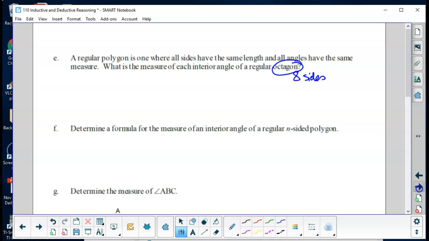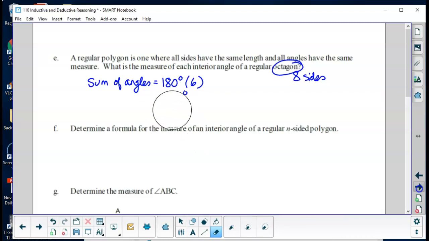Okay. So we know that for 8 sides, the sum of angles will be 180 times 6. Oh, sorry, that's skipping ahead there. 180 times 6 is 1,080. And then each angle has to be the same.